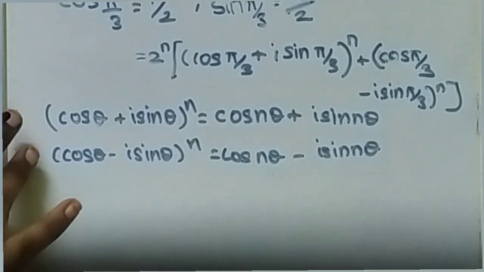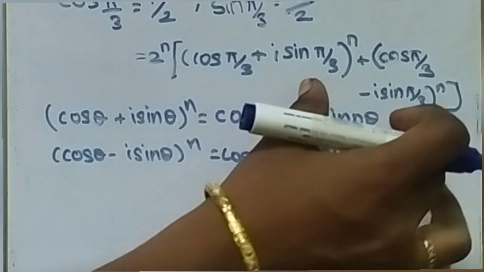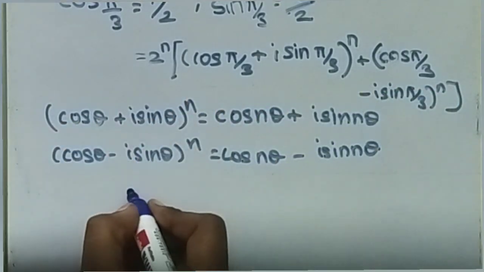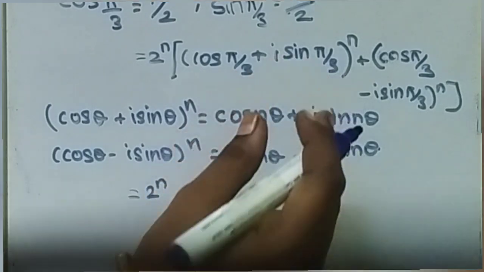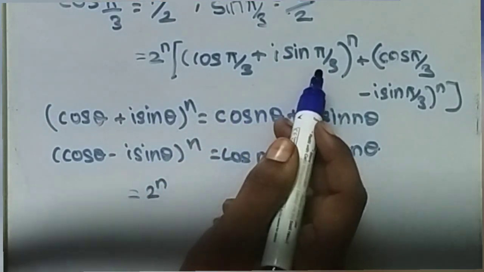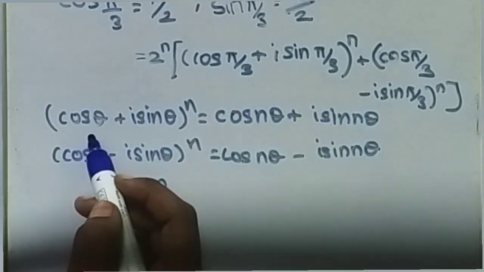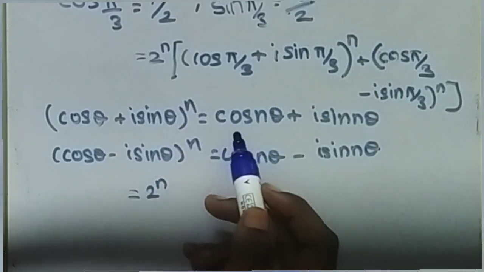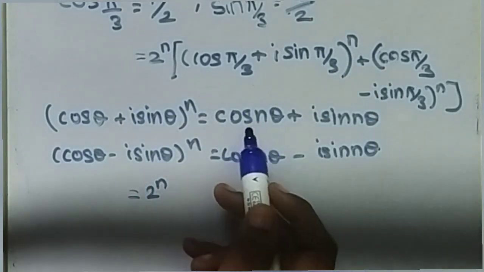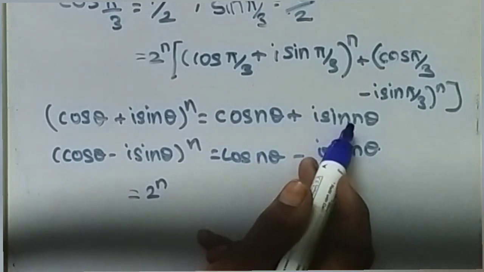Right? We are going to substitute these two formulas in here. So the 2 power n remains the same. This one, cos pi by 3 plus i sin pi by 3, is in the format of (cos theta plus i sin theta) power n, so we reform it as cos n theta plus i sin n theta.